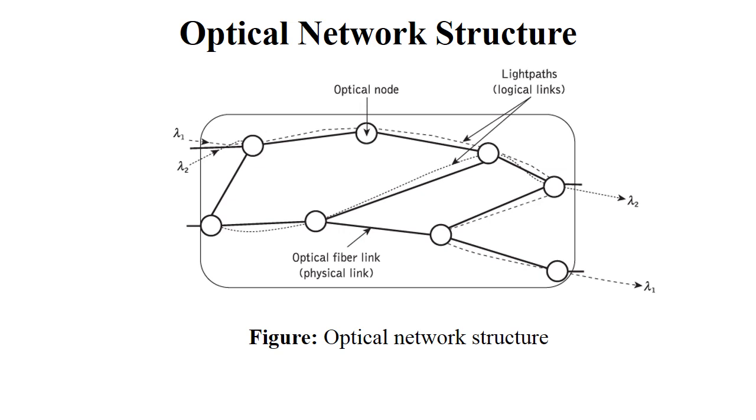In such a case, we need to establish a path, so that what we can observe in these dashed lines has traversed over so many nodes, and then finally it has reached this node. And this path we call a logical link between one source node and the other end, the destination node. So this dashed line is going to indicate the logical link.